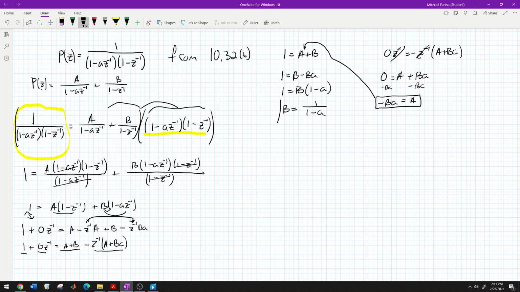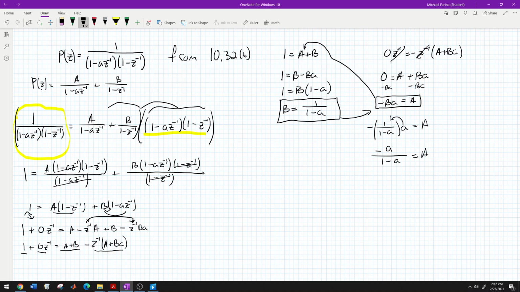Now I have B. It's represented as a function of a, so that's good. Now I take this and plug it back into this equation. So I get 1 over 1 minus a times a is equal to big A, and a just multiplies right into the numerator of this term.